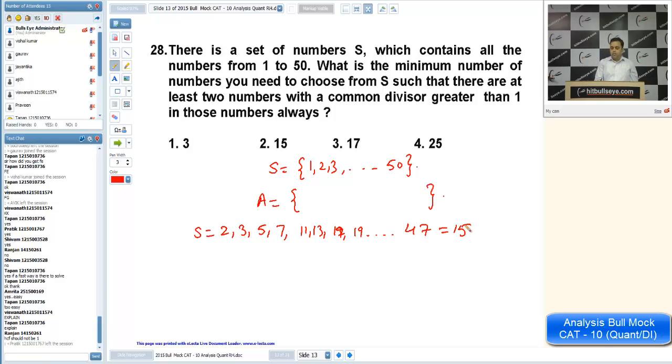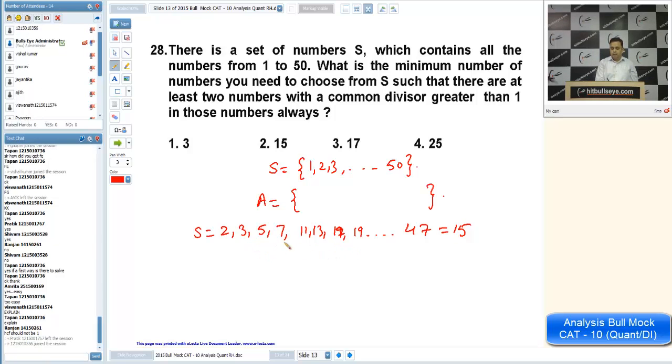So we should take all these prime numbers from the set S. If I take all these primes and also take 1, still there is no such pair where the GCD will be greater than 1.